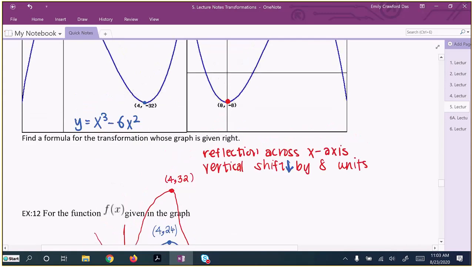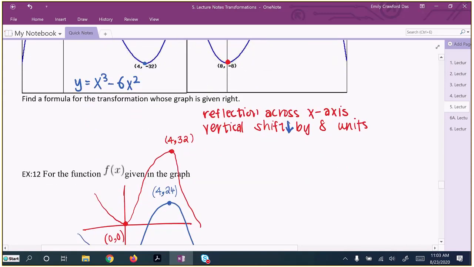Now our function is x cubed minus 6x squared. So if I first do reflection across the x-axis, then that's going to give us negative of x cubed minus 6x squared.